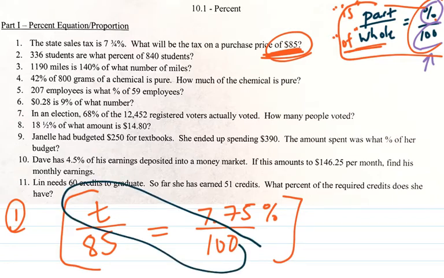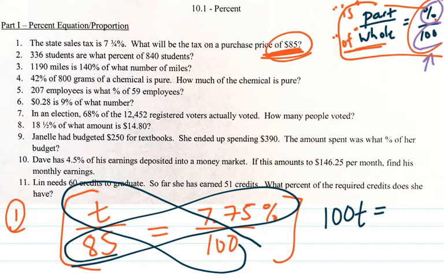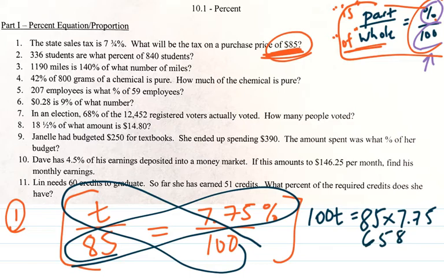So this would be 100 times t equals 85 times 7.75. $85 times 7.75 is 658.75, which equals 100t. To solve for t, or the amount of tax, we would divide both sides by 100.